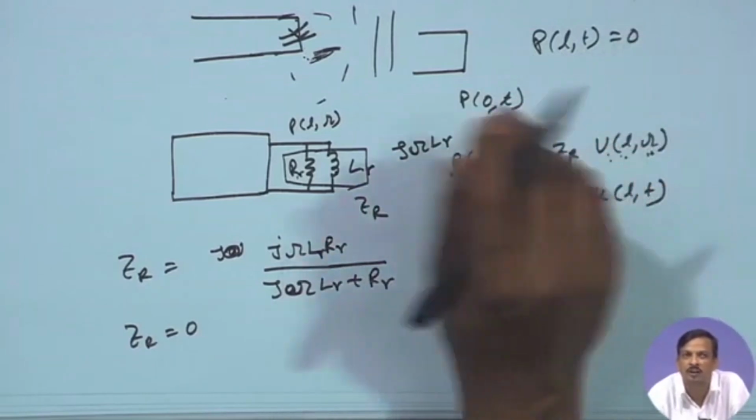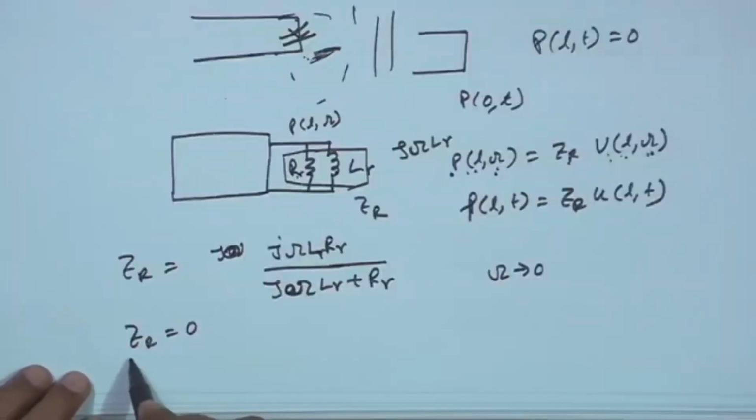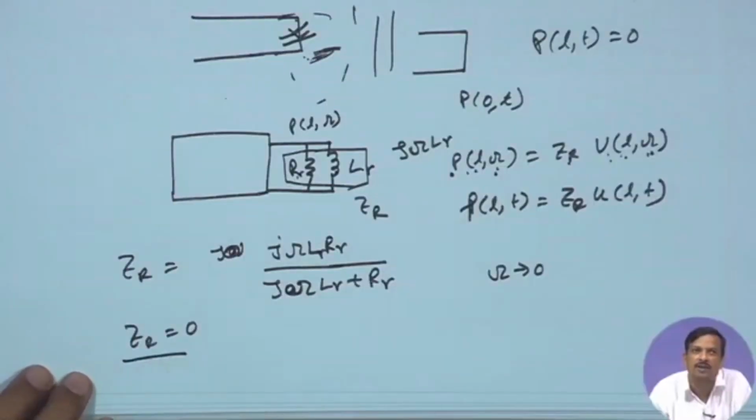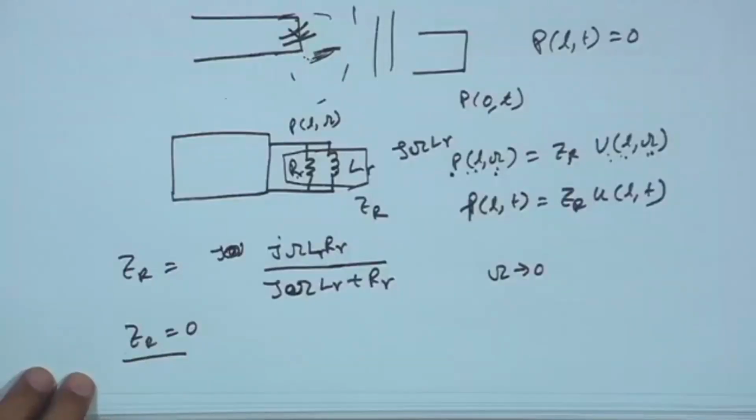So, the frequency response we got considering the losses remains the same. That means low frequency components are not affected by the radiation load, because at low frequency the radiation load does not affect the frequency response of the acoustical tube. So, low frequencies are less affected.